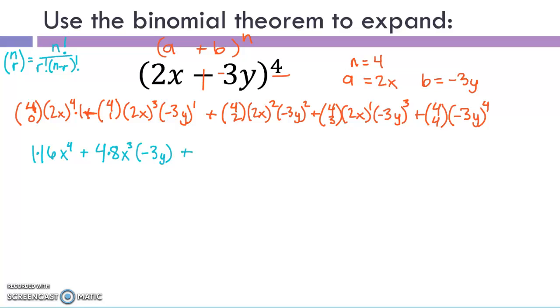Plus 4 choose 2 is 6. Then we'll get times 4x squared times 9y squared. And we'll get plus 4 choose 3, which is 4, times 2x times negative 3y cubed, which is negative 27y cubed.